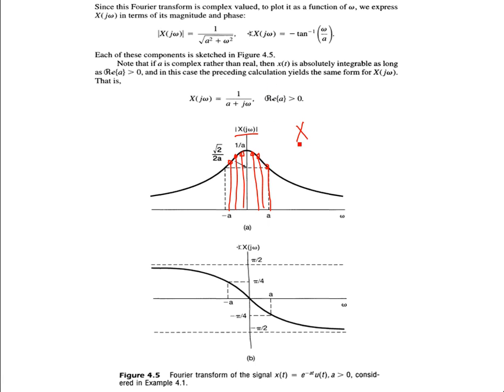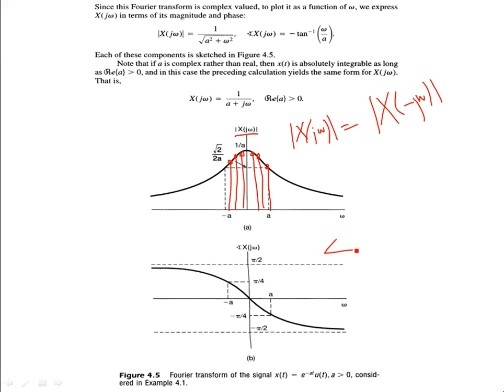So you see over here, the magnitude response |X(jω)| is equal to |X(−jω)|. So the Fourier transform is symmetric. The magnitude response is symmetric. However, you will see that the phase response is an odd function of omega, while the magnitude function is an even function of omega.